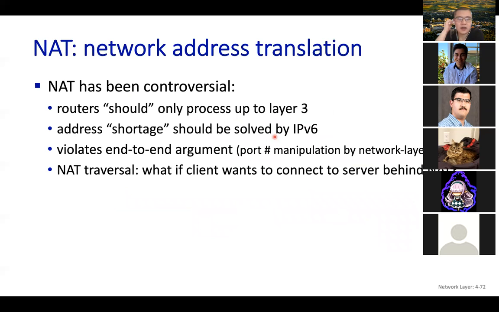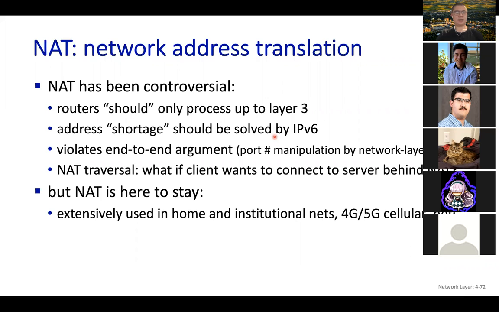Okay, so NAT, network address translation, has been controversial. The routers should only process up to layer 3, and the address shortage should be solved by IPv6. Okay, here are some notes, but I think that should be fine.